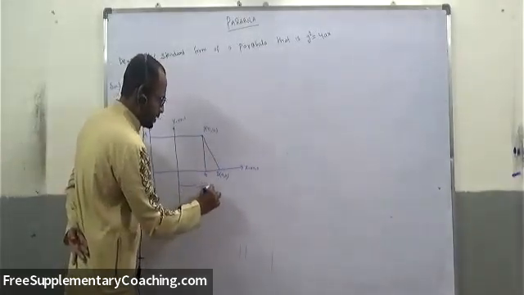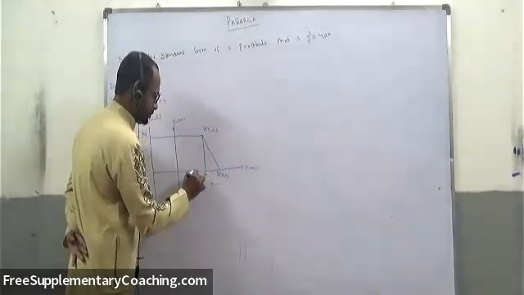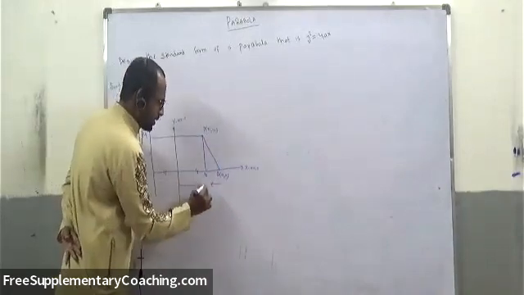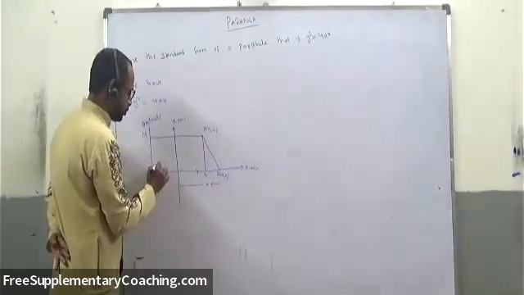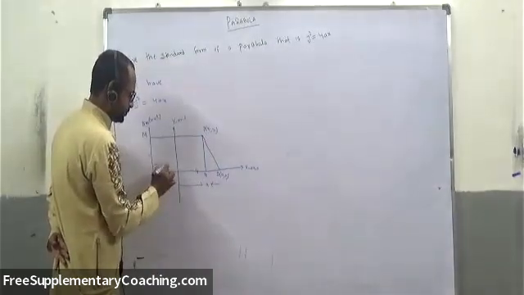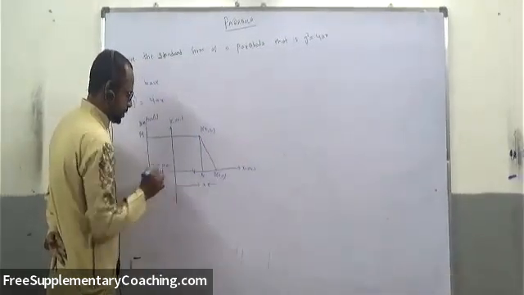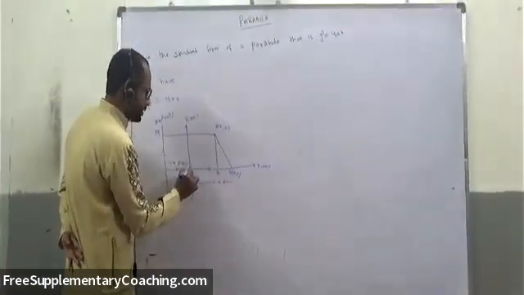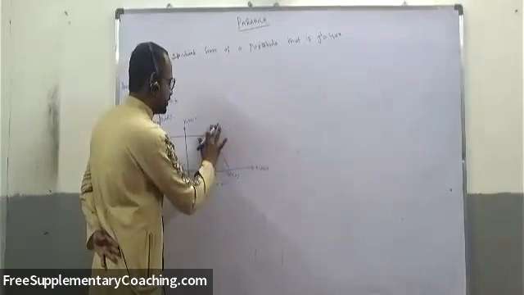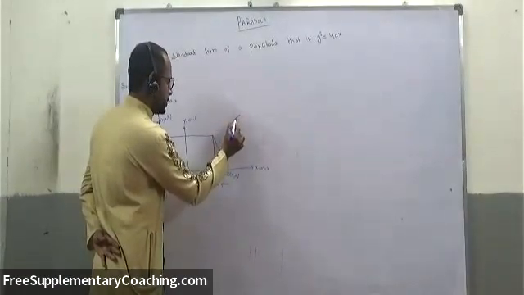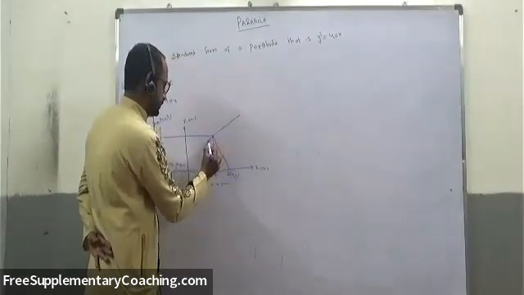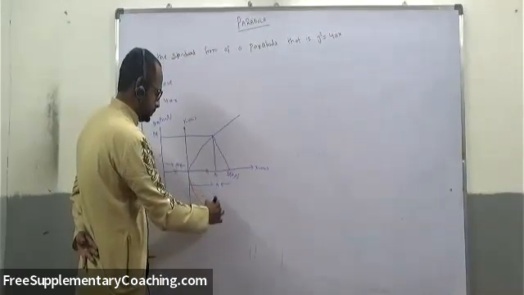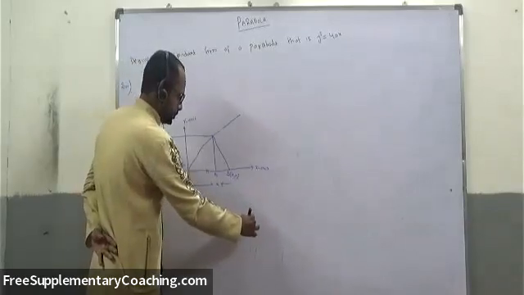From here to here, this and this are equal. Means if I take this as A, this should also be A. And this much distance, here, it is the vertex of parabola. You know that this is the parabola drawing I am making.